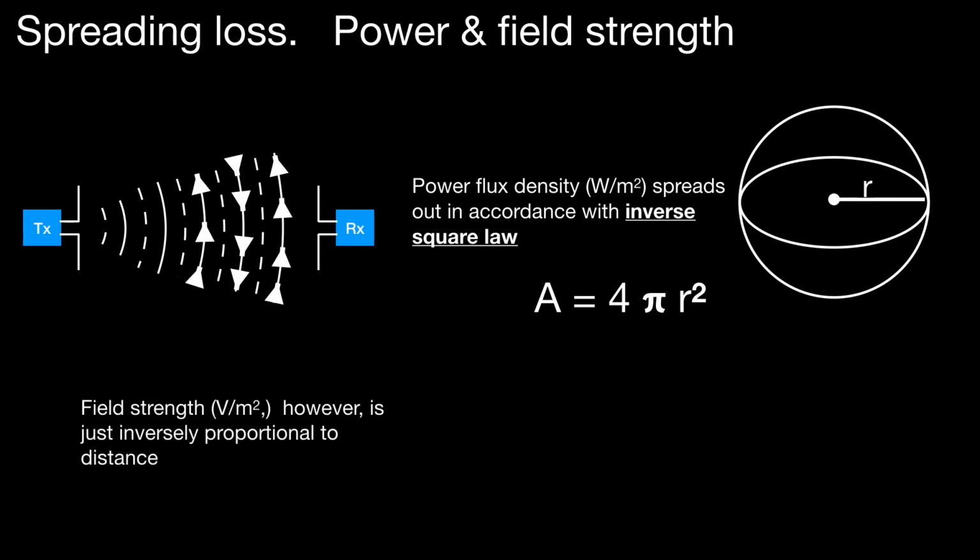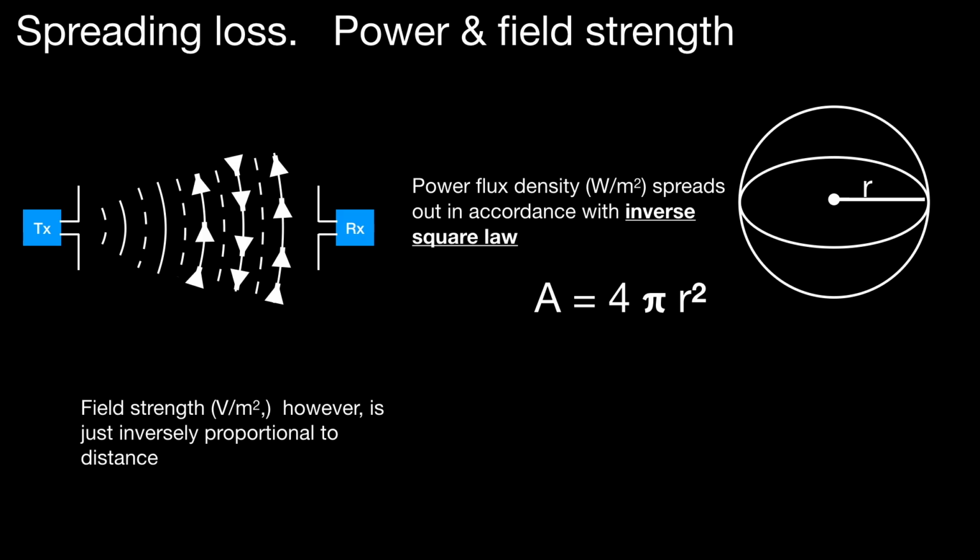However, the field strength in volts per meter is just inversely proportional to the distance. So if you had a field strength meter, you would see at twice the distance only half the field strength.